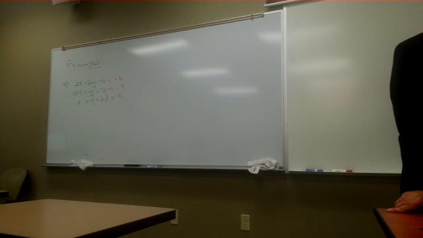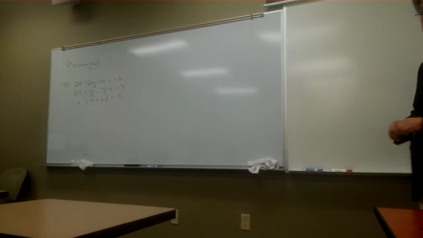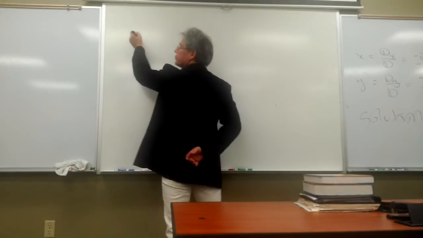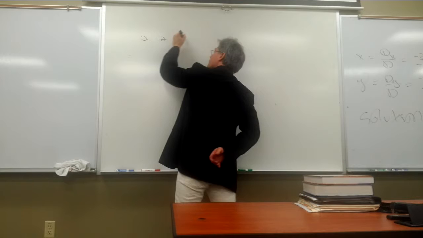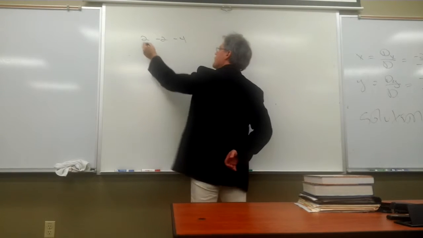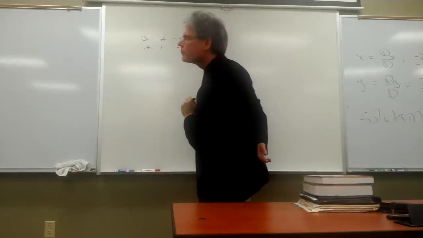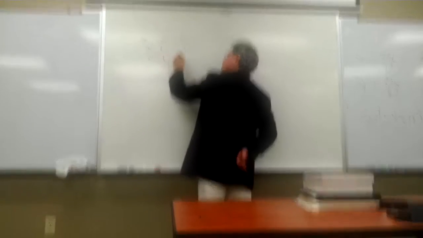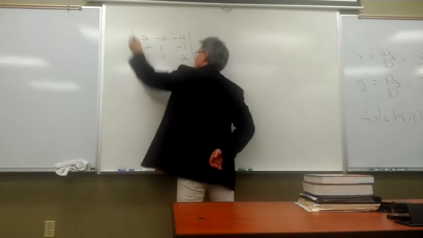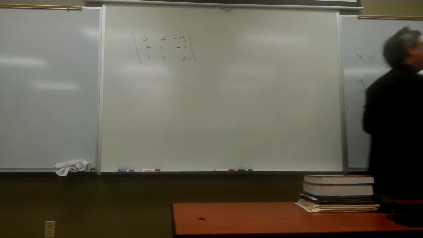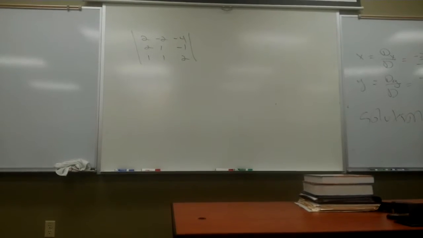I meant to say, I'm going to now create my coefficient determinant, not matrix. And my coefficients are 2, -2, -4; 2, 1, -1; 1, 1, 2. Evaluating a 3x3 determinant is a pain, so I give up and rewrite this as an expression involving 2x2 determinants because they're a piece of cake.